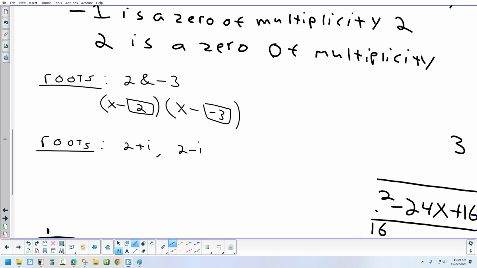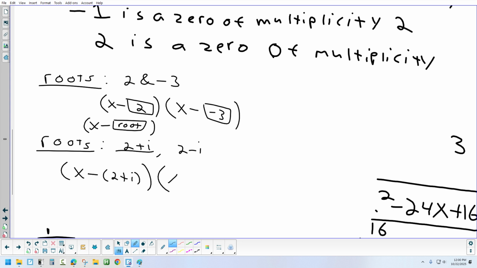If 2 plus i is a root, the format of your answer is always x minus the root. That's how you write the factor. So this one would be x minus, there's my root, 2 plus i. That's the first factor.